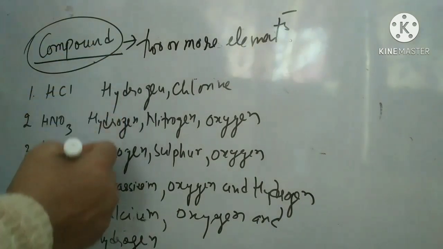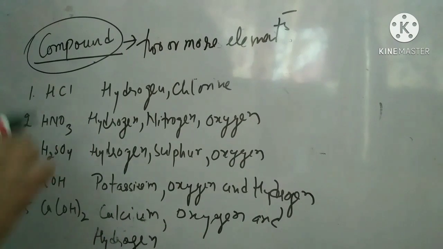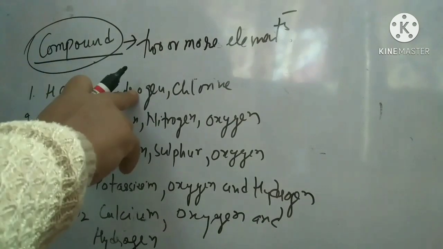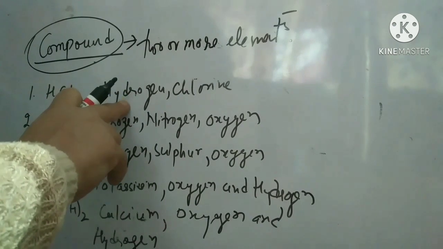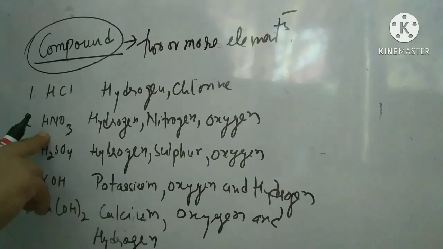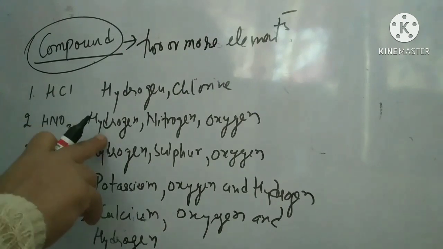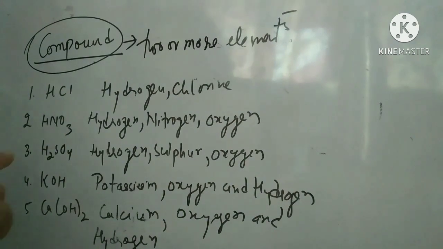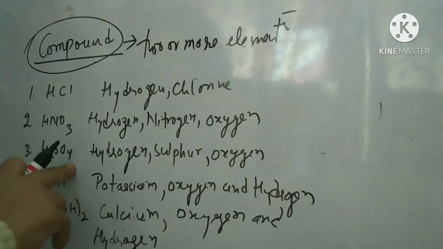So here are the chemical formulas of different compounds as well as the elements present in them. The molecular formula for hydrochloric acid is HCl. The elements present in HCl are hydrogen and chlorine. Number 2 is nitric acid. The elements present in nitric acid are hydrogen, nitrogen and oxygen. Then the third one is sulfuric acid.